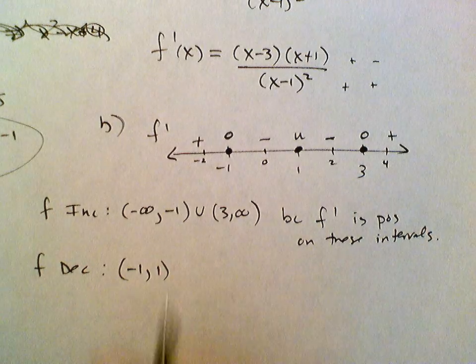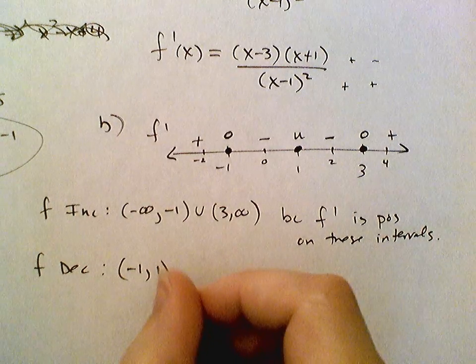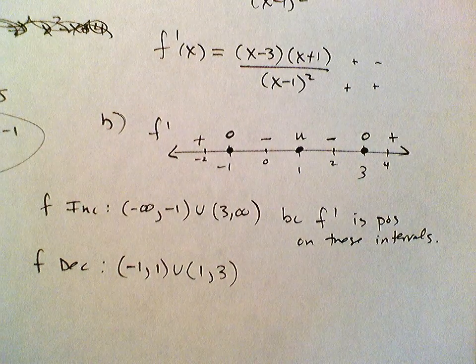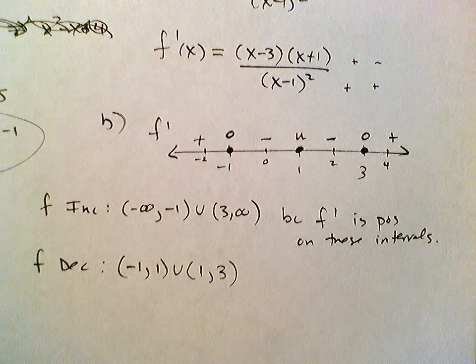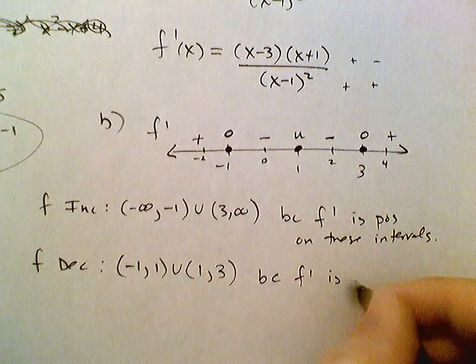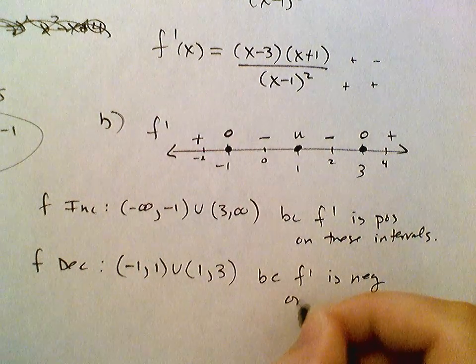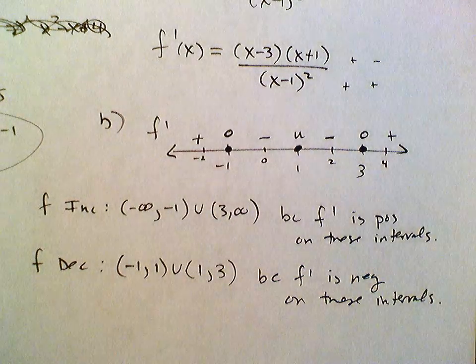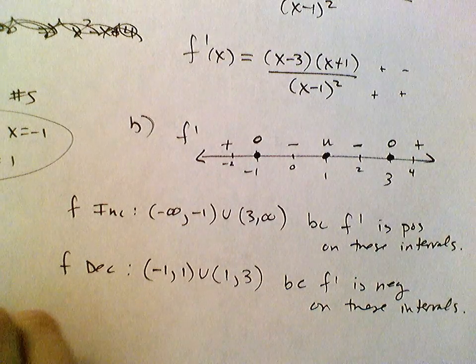Let me talk about that in class, and I'll do some research. Union 1, 2, 3. I'm pretty sure it looks like that. Okay. And then this is because f prime is negative on these intervals. Okay, now part C.